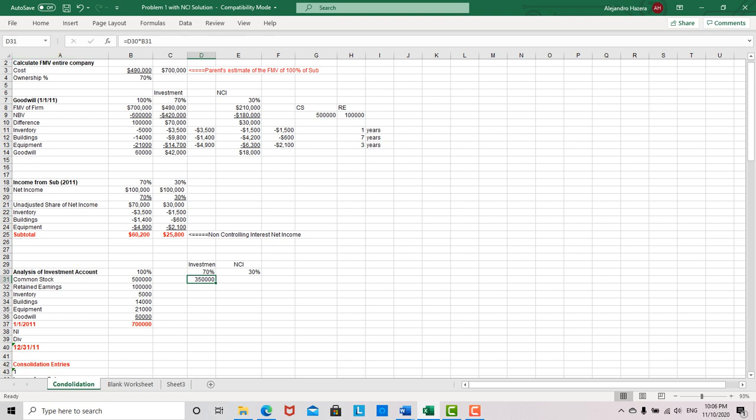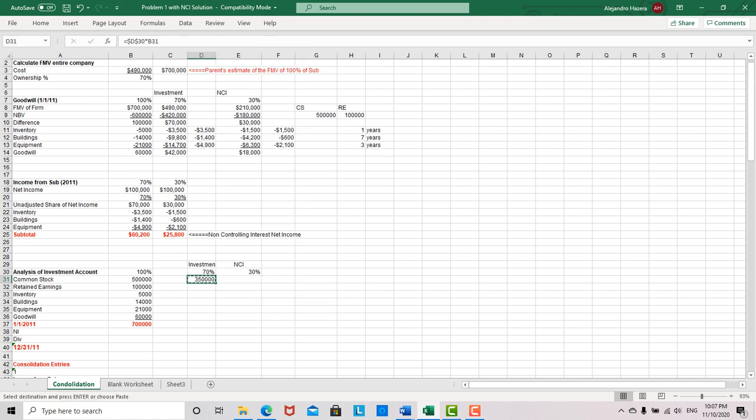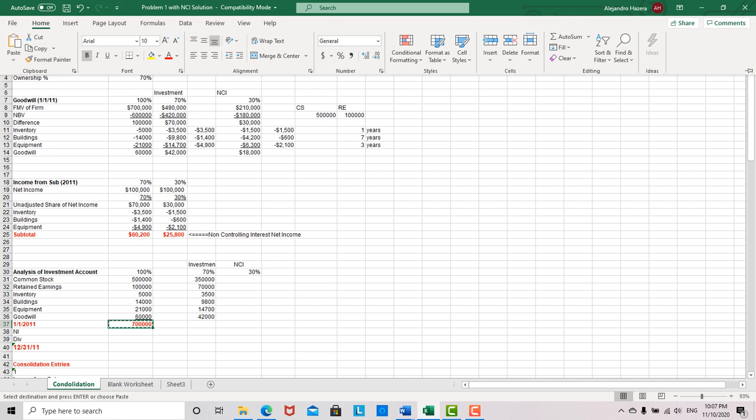And we'll go ahead and freeze the column and row, and then we'll just go ahead and copy down. Okay, so those are the balances for the controlling interest, which is the investment account, by the way. And let's go ahead and sum them up, and we can just copy the sum over from that 700,000.